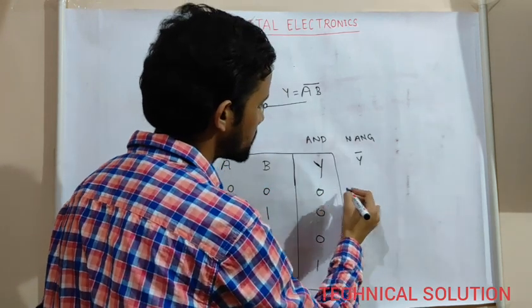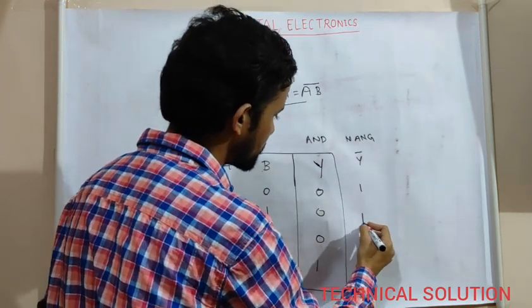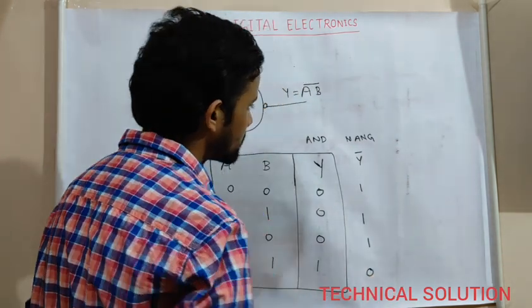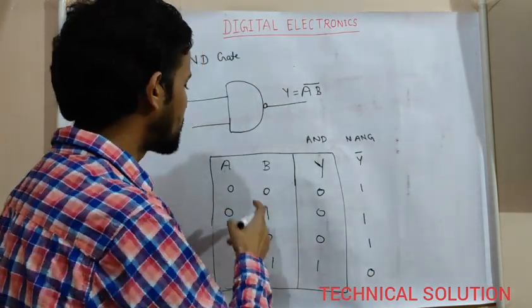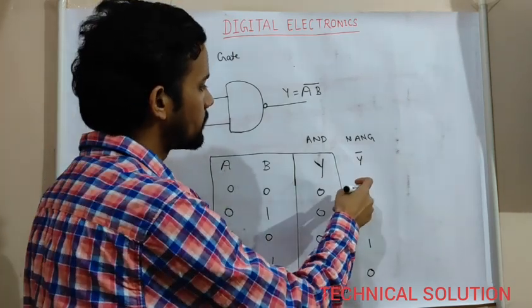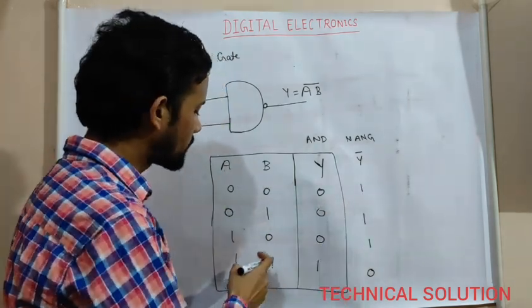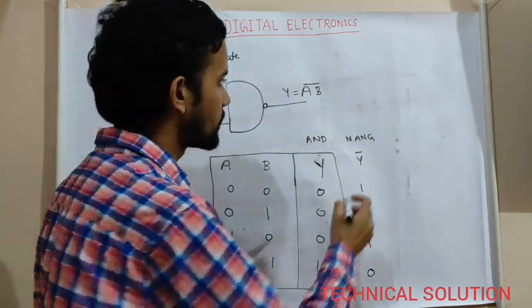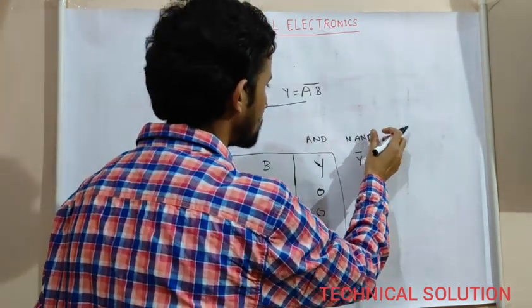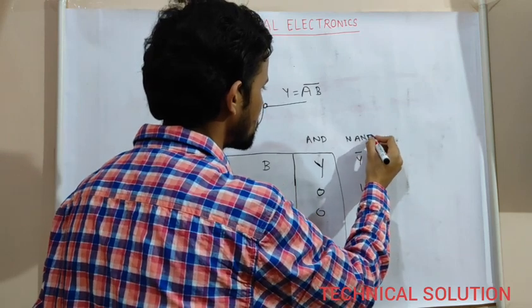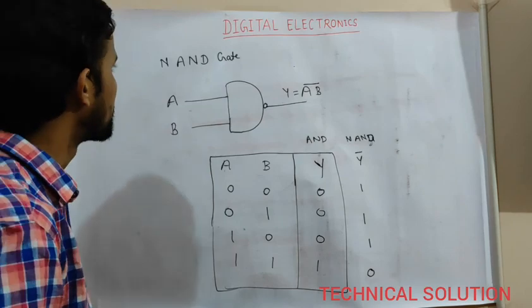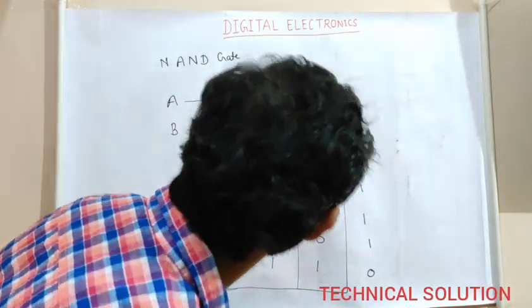That means this 0 becomes 1, this 0 becomes 1, this 1 becomes 0. So for NAND gate, if any one of the inputs is 0, then we get 1 as output. If all the inputs are 1, then we get 0 as output. This is all about NAND gate.